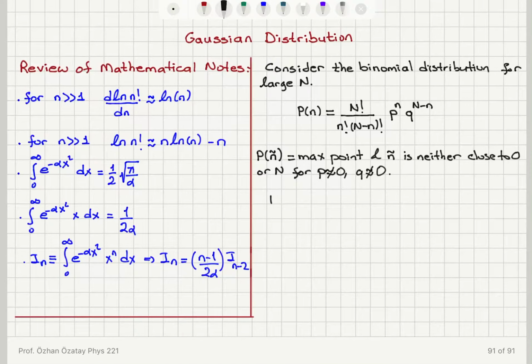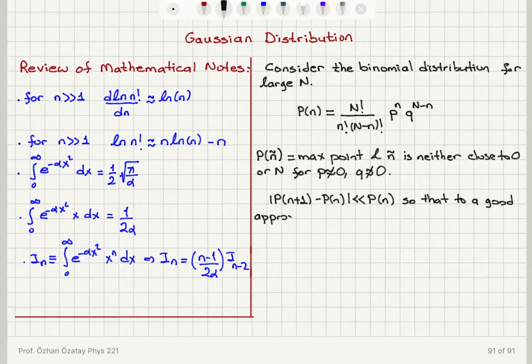And if you look at the variation of the binomial distribution from n to n plus 1, this should be much less than the probability for n, and that is to say that the way this distribution is behaving for the discrete n values that we consider, the variation from one point to its adjacent point in the distribution is rather small. This means that to a good approximation, we're going to have a slowly varying function.